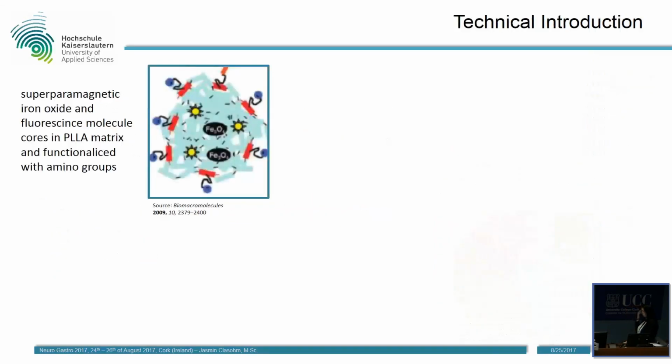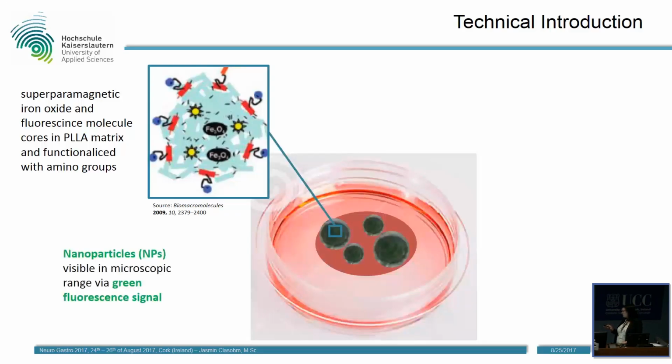So just a few words for the technical introduction. The nanoparticles we used in this work are superparamagnetic iron oxide and fluorescence-labeled nanoparticles. These are embedded in a PLL matrix and functionalized with amino groups at the outside. So what can we do with these nanoparticles?